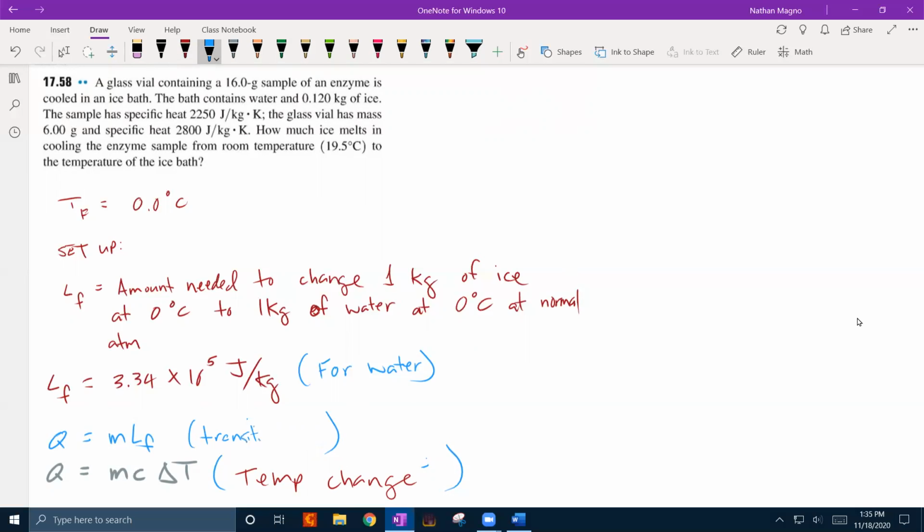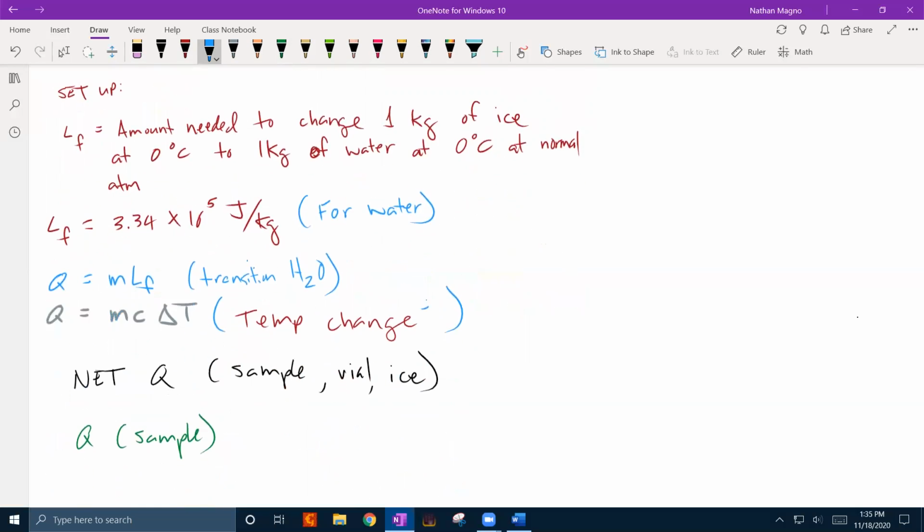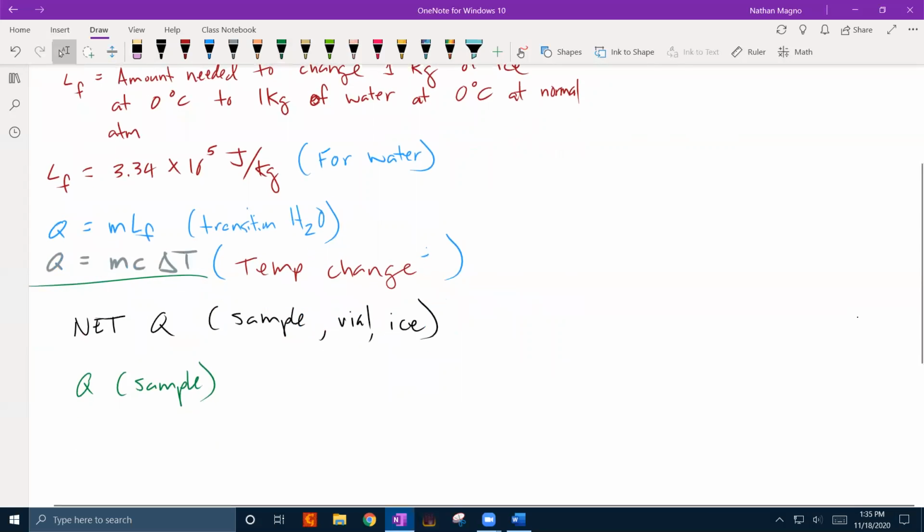Okay. So for the sample, we're going to use this guy, Q equals the mass times specific heat times the temperature change. So let's write that out explicitly.